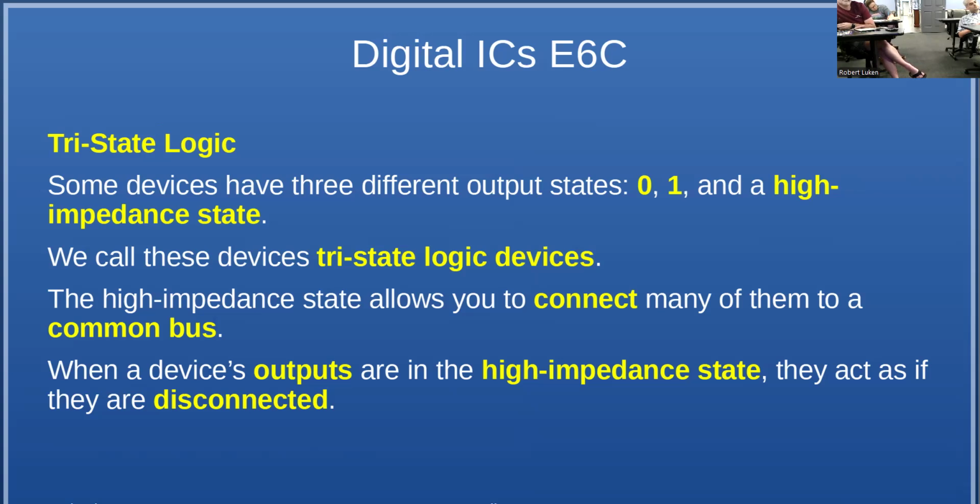If I was to turn 2 of them on, one was high and one was low, they're going to fight one another, and it's going to wind up somewhere in between, depending on who has the most pull. So the idea is that you control the ones you turn on so you can actually make what we call a data bus. So you can allow multiple devices to share the same conductor at different times.